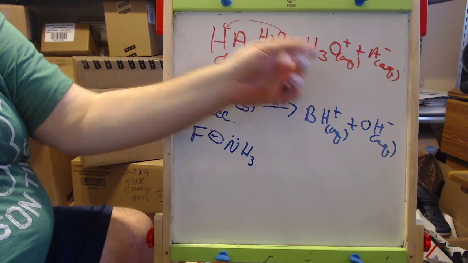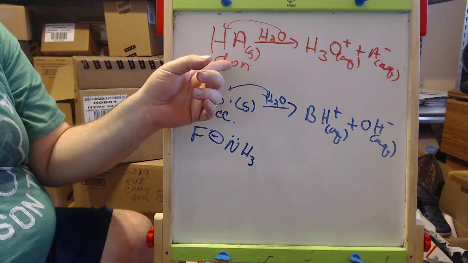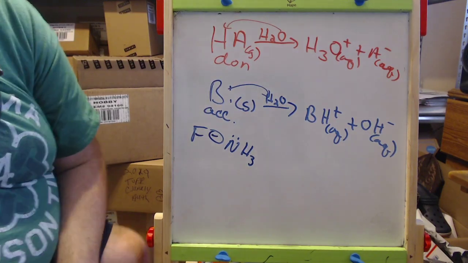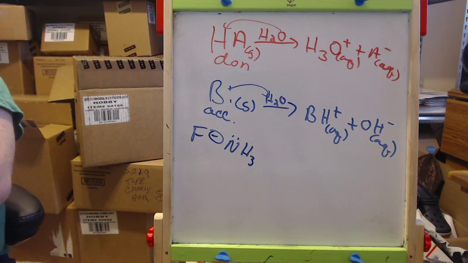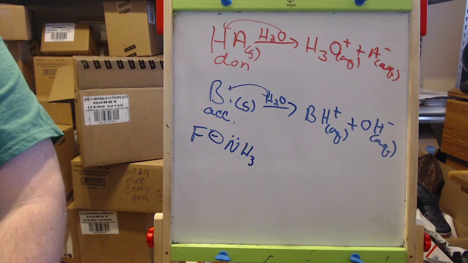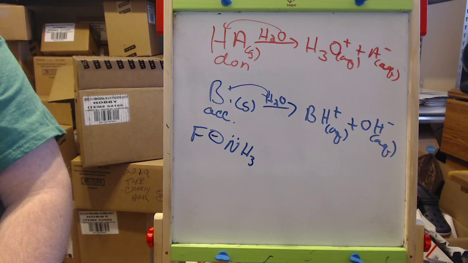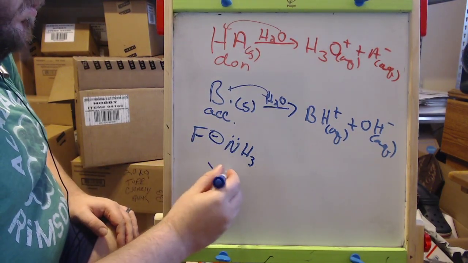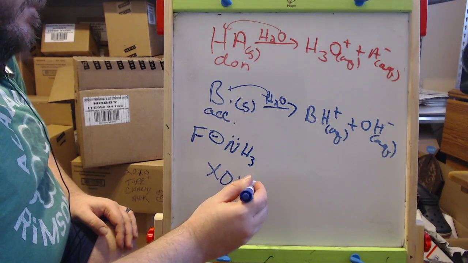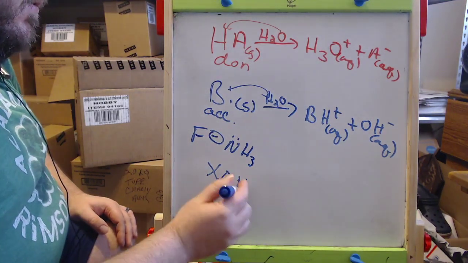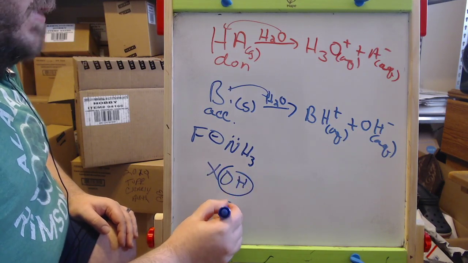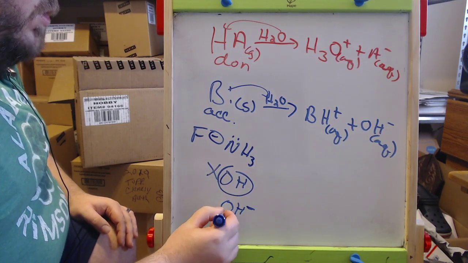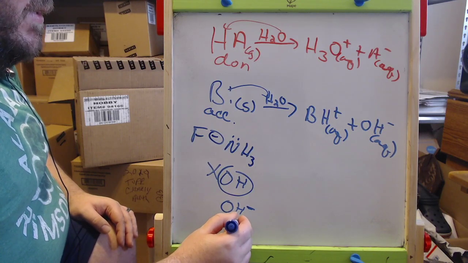So there's the classical definition, and the way they do it is by donating a proton. So there's the Bronsted-Lowry definition. All classical bases, okay, here's a classical base, have hydroxide, which can be a proton acceptor.